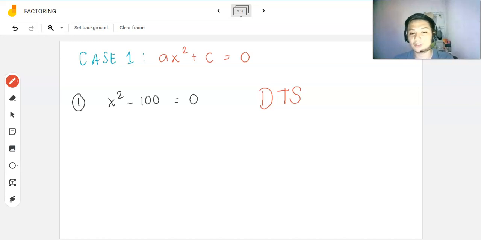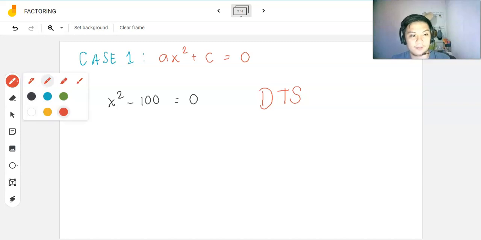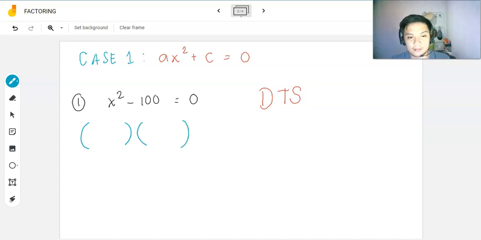So kapag fina-factor natin ang difference of two squares, anong tawag dun sa factors niya? We have sum and difference of two numbers. Ibig sabihin, the factored form will have to look like this. So may dalawang pairs tayo of parentheses. Sa loob ng isang pair of parentheses may plus sign at sa isa pa ay merong minus sign.